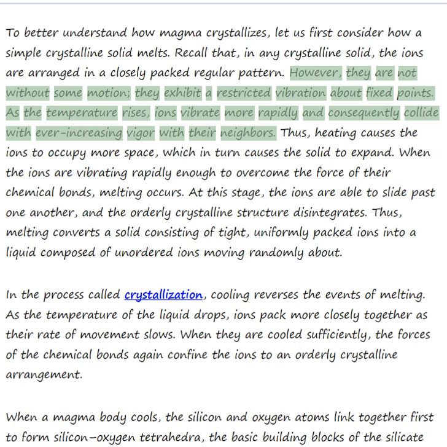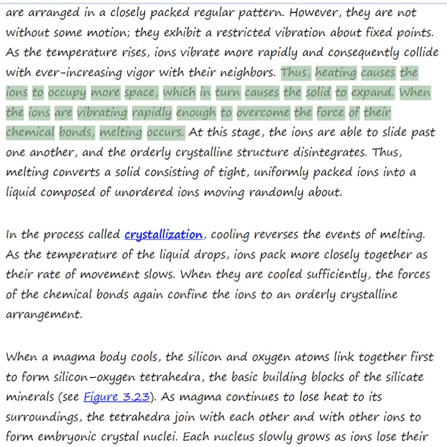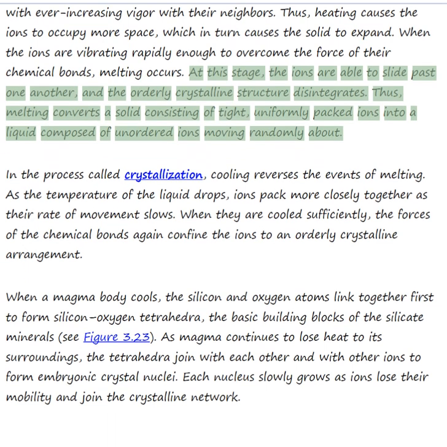As the temperature rises, ions vibrate more rapidly and consequently collide with ever-increasing vigor with their neighbors. Thus, heating causes the ions to occupy more space, which in turn causes the solid to expand. When the ions are vibrating rapidly enough to overcome the force of their chemical bonds, melting occurs. At this stage, the ions are able to slide past one another, and the orderly crystalline structure disintegrates.